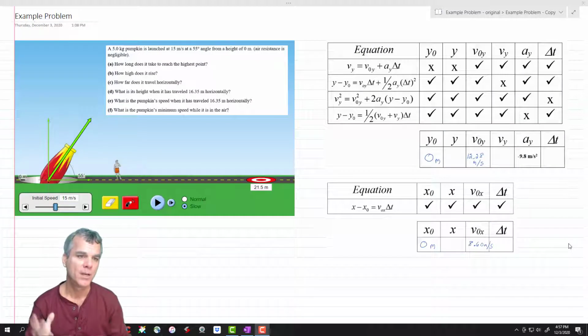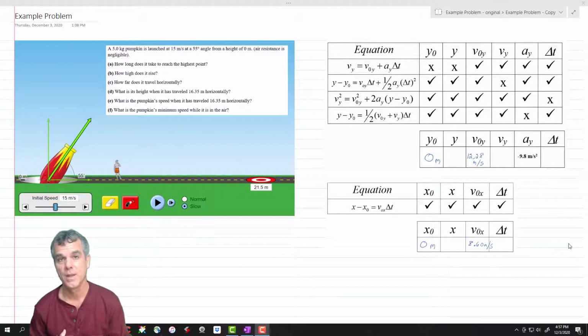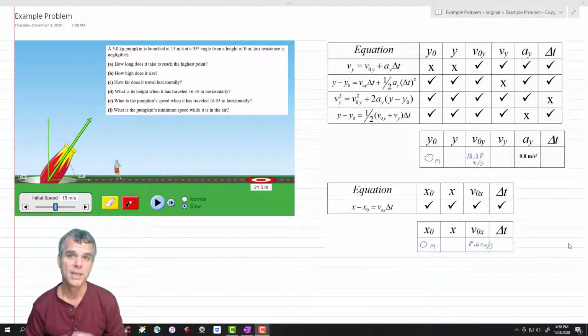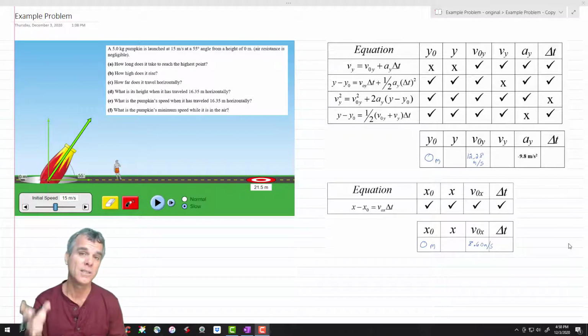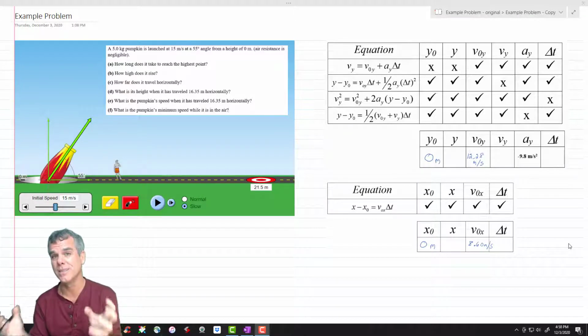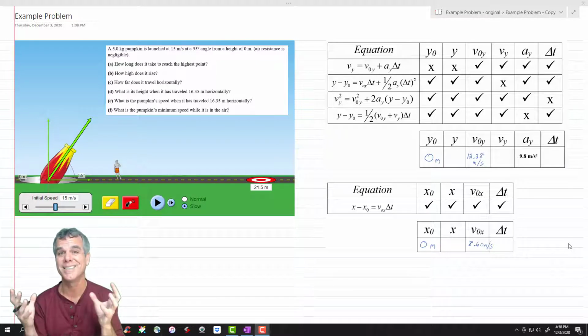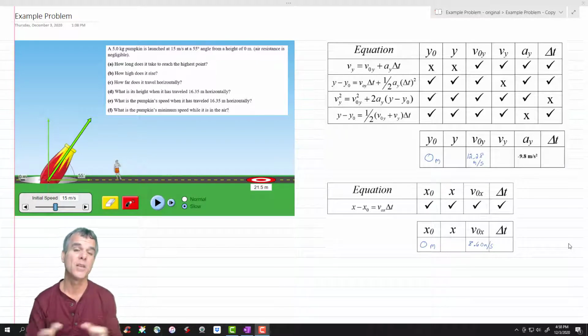Part D. What is its height when it has traveled 16.35 meters horizontally? Now, the way the horizontal and vertical equations are connected is through elapsed time delta t. So if I want to know what is its height when it's traveled a certain distance horizontally, what I first need to do is figure out what is the time it takes to travel that distance horizontally, and then I can use that time to figure out the height.